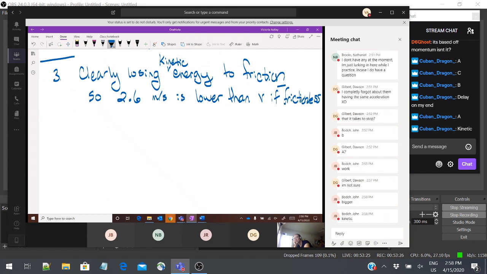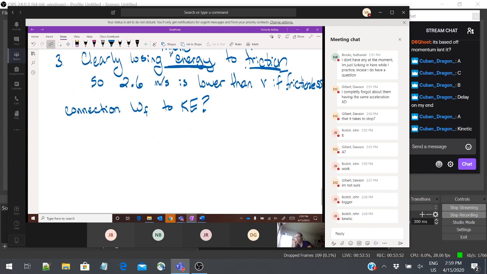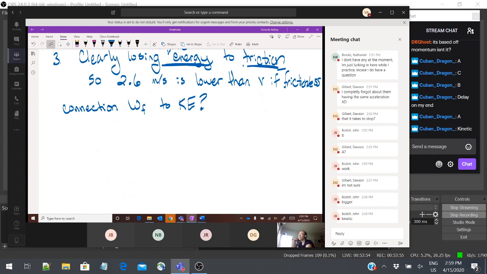Do we have a connection between kinetic energy and maybe the work done by friction? Now, it might not be one explicit equation that says work friction equals KE, but maybe there's an equation that has a more general connection between work and kinetic energy.